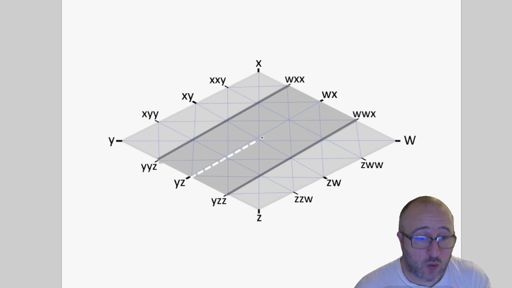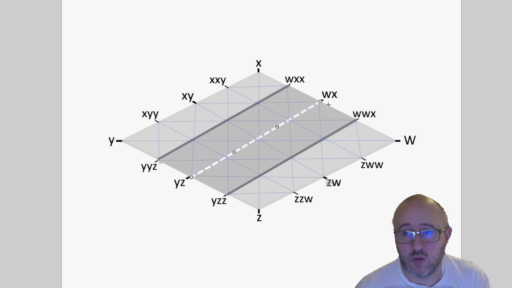I drew a line from YZ to WX. So that was very straightforward. Once I'd worked out all the coordinates, I could just pick which coordinates I wanted and draw a line to each one.